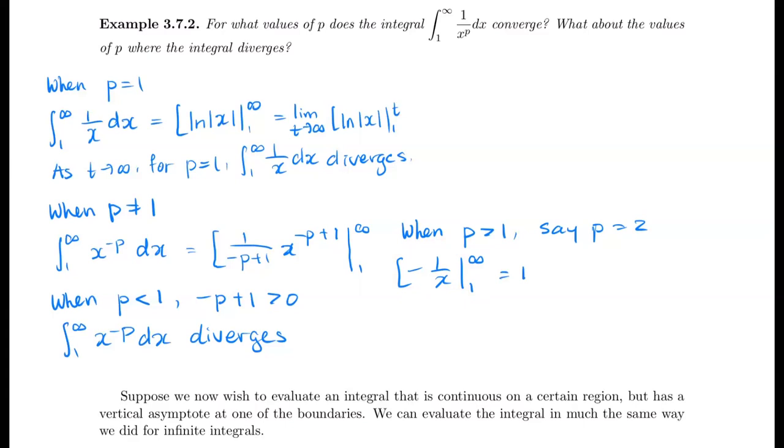So obviously it's converging. As the exponent gets more negative, the value here, as x approaches infinity, is going to go to 0. So that means this integral of 1 over x to the p converges.